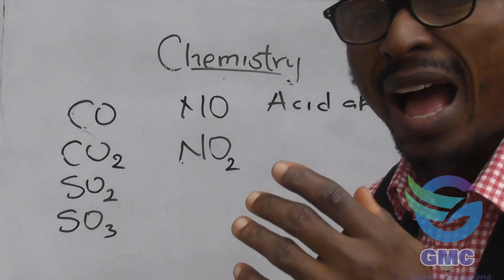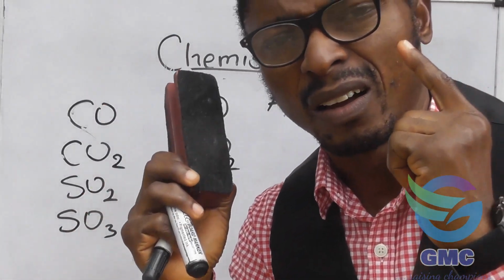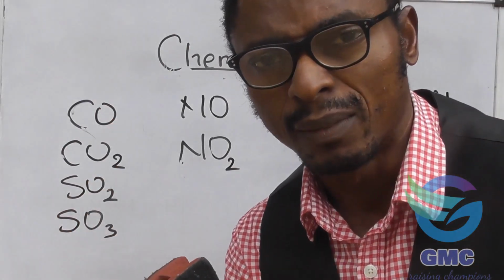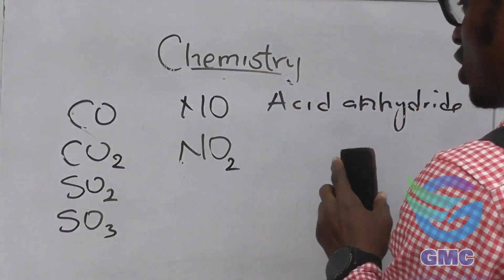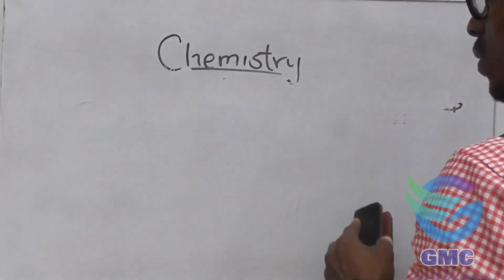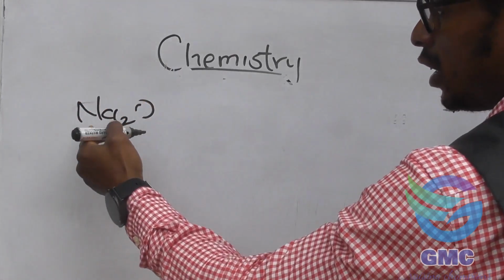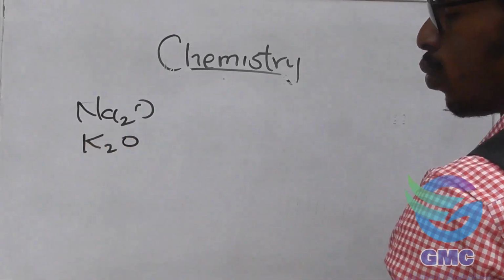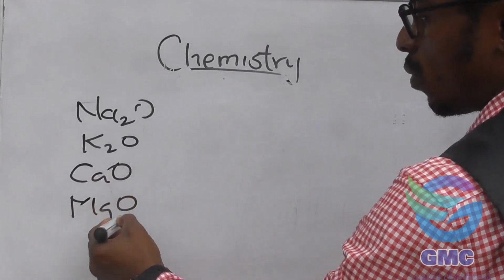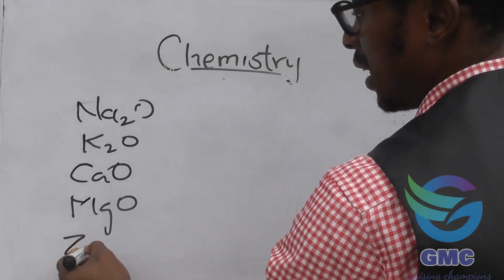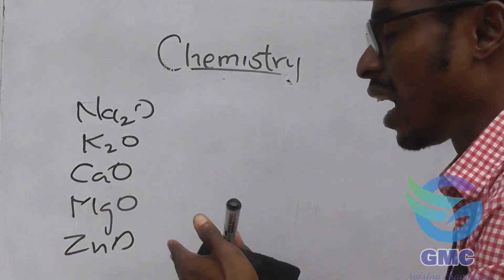Two, when we have a compound in which a metal and an oxygen atom combine, then such compound is called a base. Examples include Na2O, K2O, CaO, calcium oxide, MgO, magnesium oxide, ZnO, zinc oxide, etc. So these are bases.